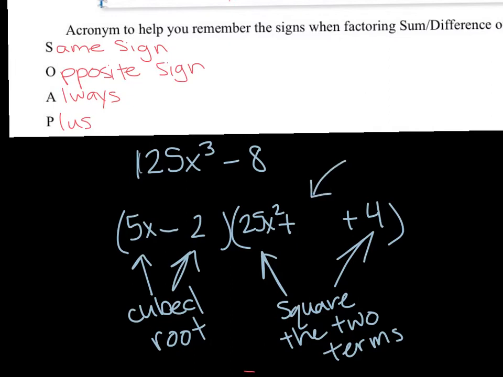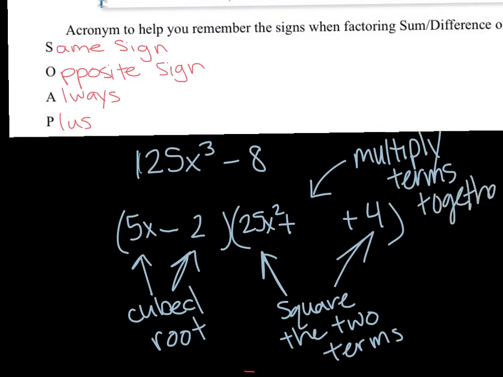In the middle, you want to multiply the terms together. So if your terms are 5x and 2, what is 5x times 2? 10x. So that's how you factor.